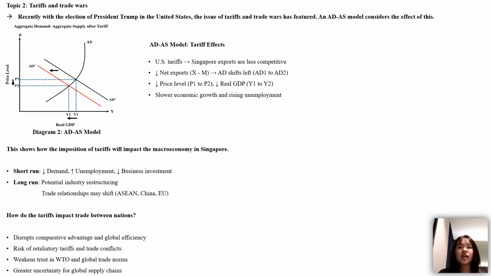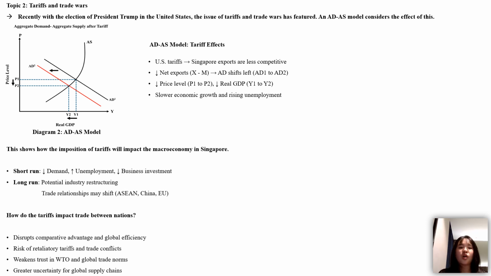This causes a decline in net exports, which shifts the aggregate demand curve leftward from AD1 to AD2. As shown in the diagram, this shift leads to a decrease in the general price level from P1 to P2, and a drop in real GDP from Y1 to Y2.